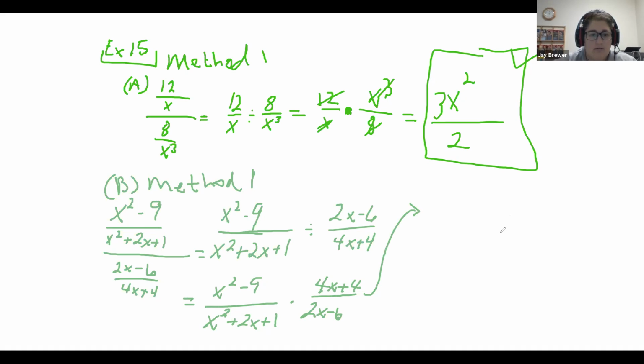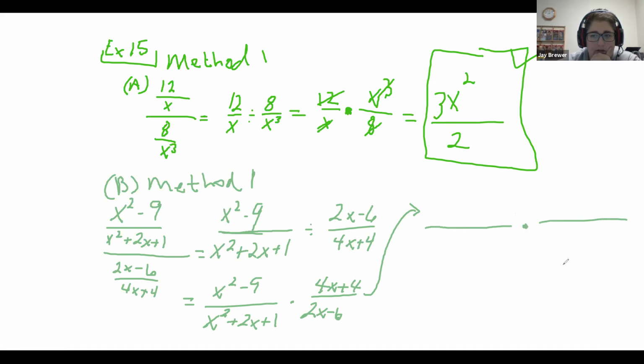So somebody factor for me x squared minus 9. And if you don't want to factor that one for me, you can always factor another one.